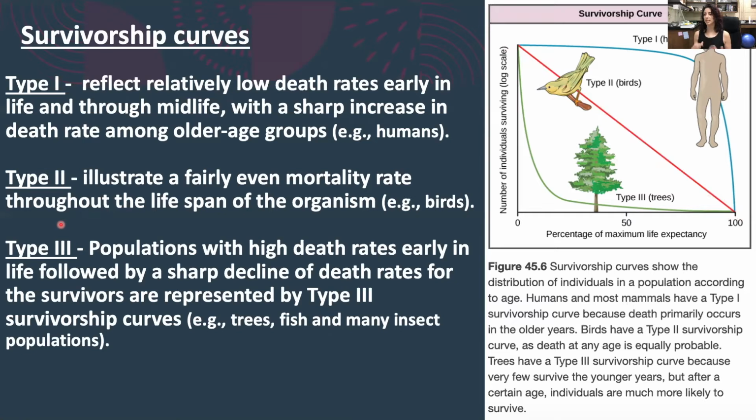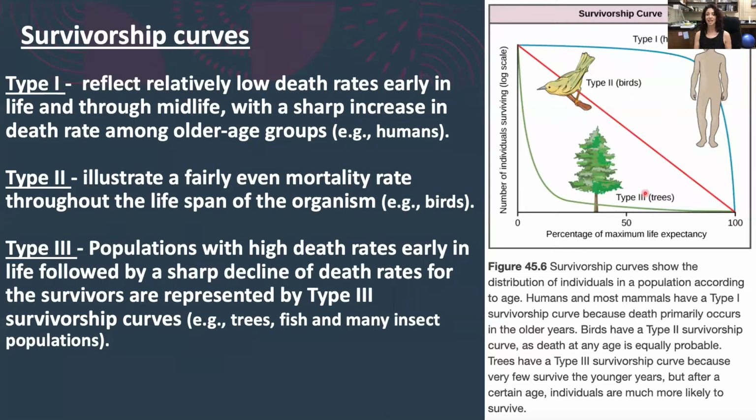This is what we see in fish, lots of insects, and many trees. So here again, here's our tree with type 3. There's a rapid loss of individuals early in their life expectancy, and then that mortality rate peters out. So these are the 3 different survivorship curves that can characterize different populations.